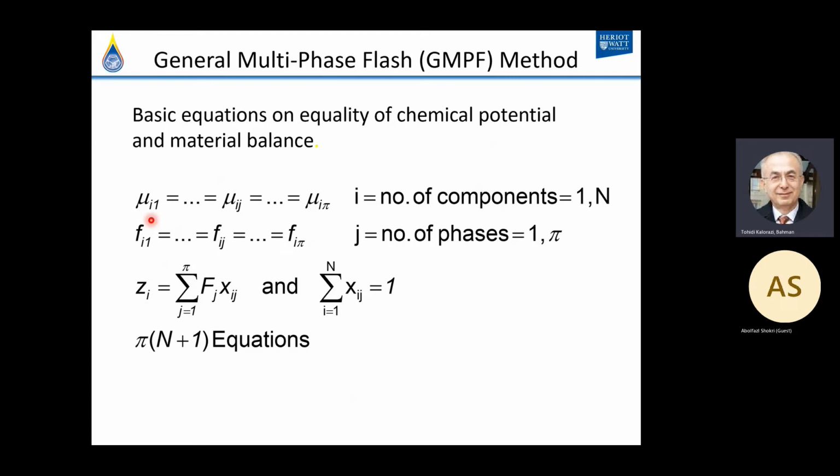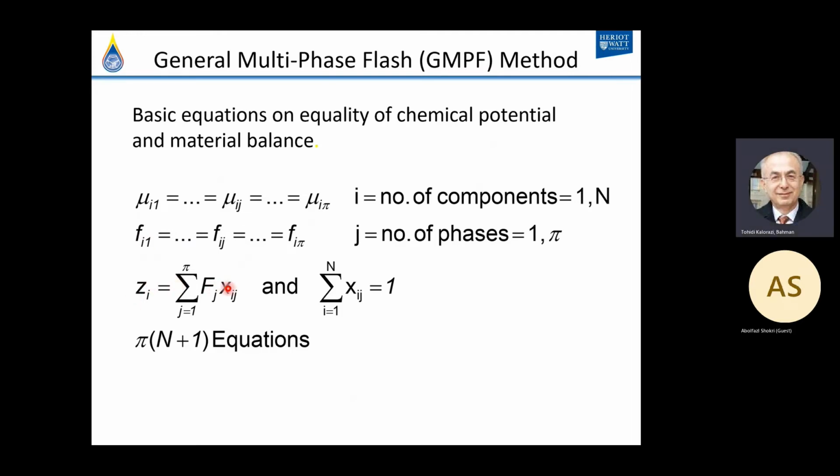We want to measure fugacity, the escaping tendency of component 1 in phase 1, component 1 in phase 2, and component 1 in phase 3, or any number of phases. So if they are equal, then we have reached equilibrium. The problem is now to measure fugacity and make sure they are equal.